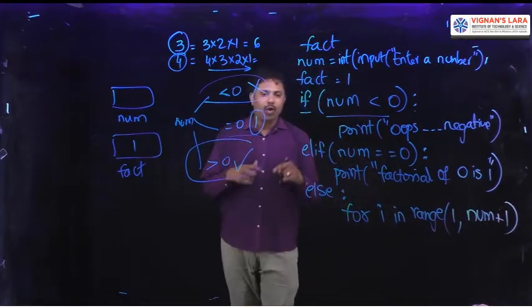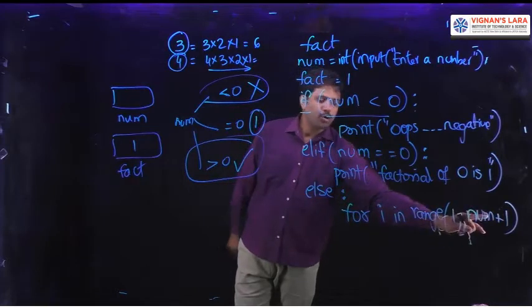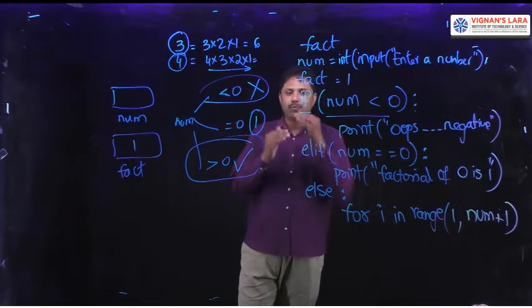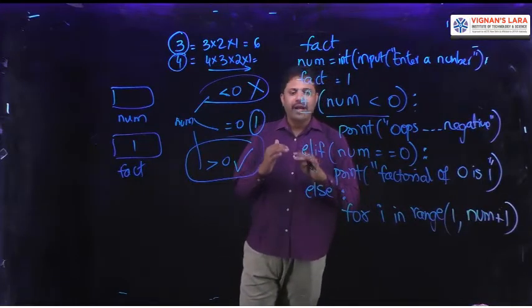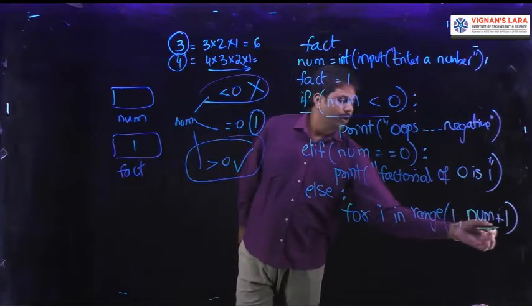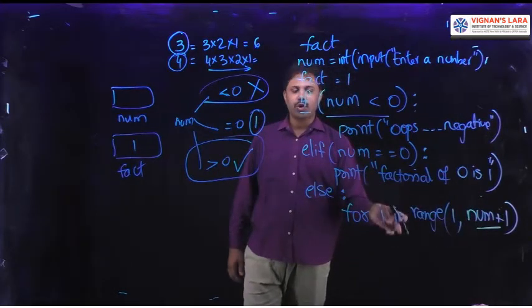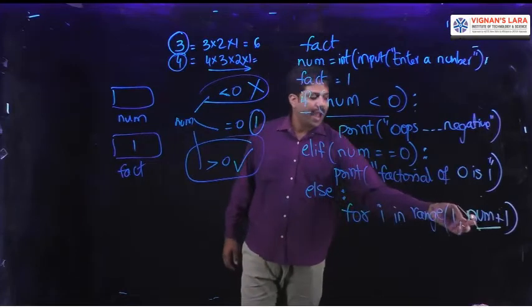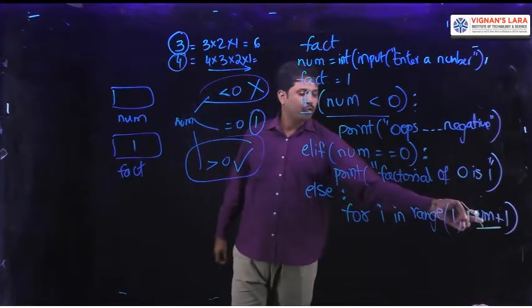So we all know about the for loop. If the for loop range is 3, it iterates up to 2 only. If the range is 4, it iterates up to 3. That means the number of iterations depends on the range. So that's why I am writing num plus 1. If I want 3, you have to write 4 here.